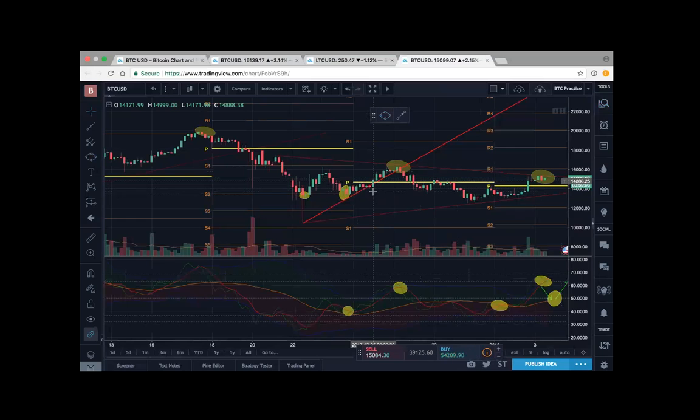Gotcha. Okay. So technically, you would have been waiting about another 4 hours, give or take, and then you would have been okay, this could have been a lot of people taking profit or a lot of people entering right here in this 4-hour candle. And then that took off, and that right there would have been a really, really nice trade.